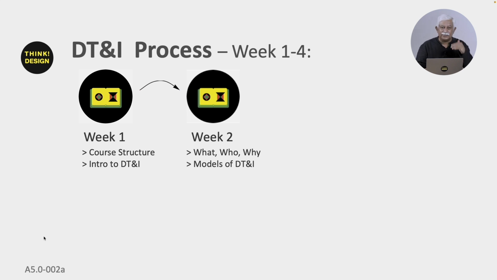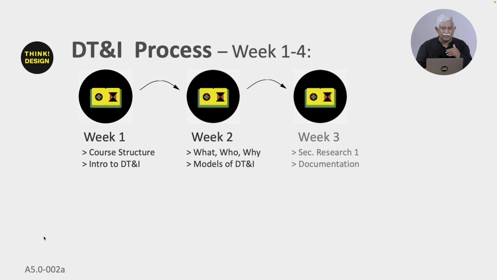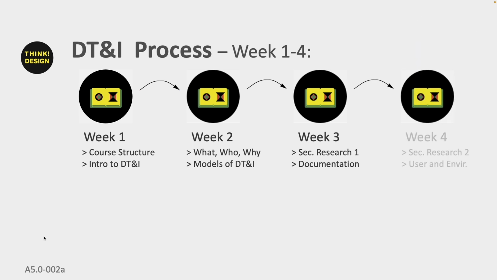We also looked at the different models of design thinking and innovation. Then in week 3, we started to look at what is secondary research. This was part 1 of it. We also looked at how to do documentation. And in week 4, we followed with secondary research, part 2, and we did user and environment, and in that we also looked at how to map users.